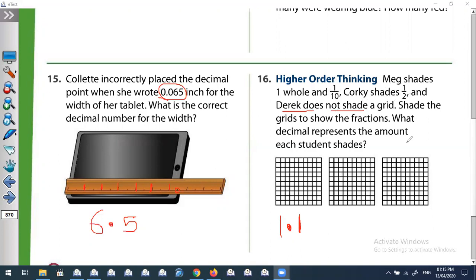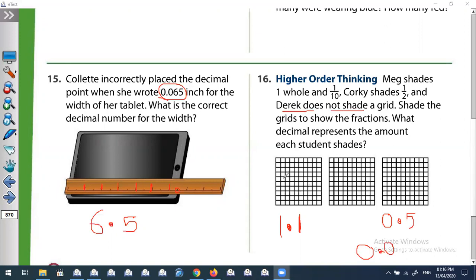Corky shades half. Half means 0.5. And Derek doesn't shade anything, so it can be 0.0 or 0 only, no problem.